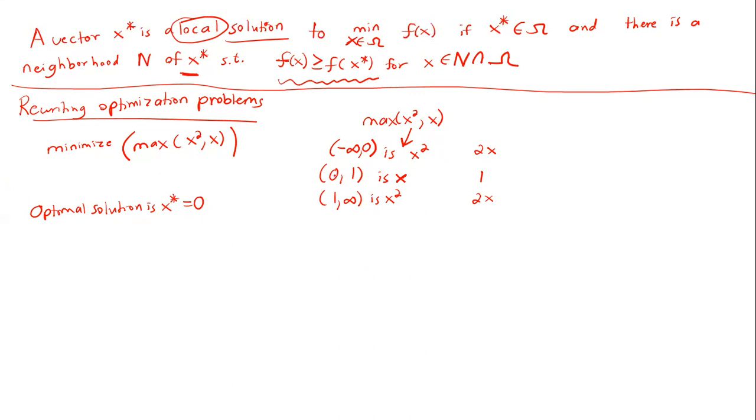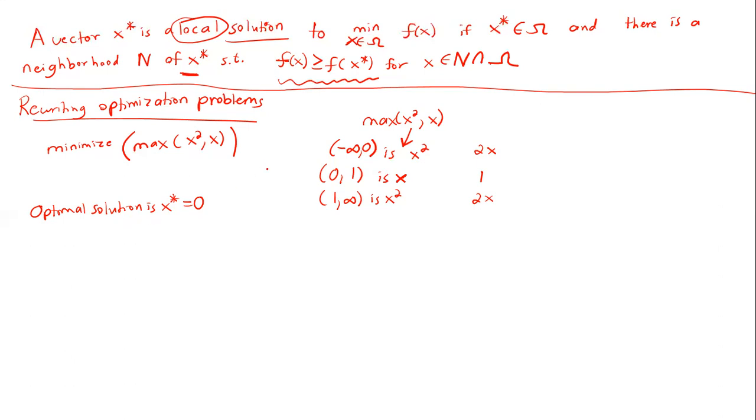Then on the interval 0 to 1, this is what's going to dominate, and from 1 to infinity, this is what's going to dominate. So between all of these, the lowest possible value we could get is going to be 0, because the maximum being x squared from negative infinity to 0, the minimum value of this is going to be 0. Same thing on this interval from 0 to 1, the minimum value of this is also going to be 0. And then this is going to be above 0. So the optimal solution here is x star is equal to 0.